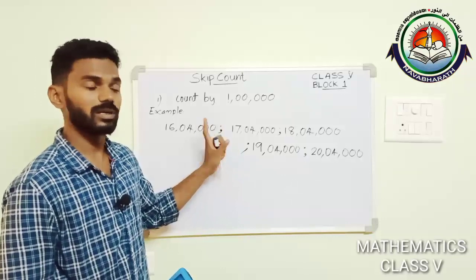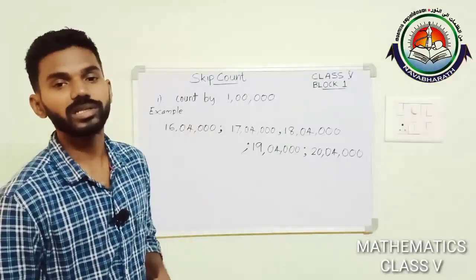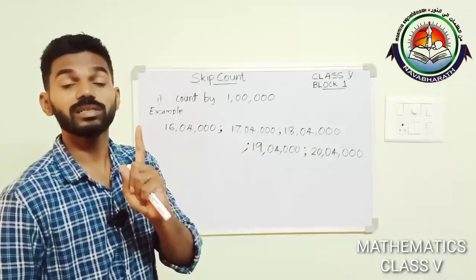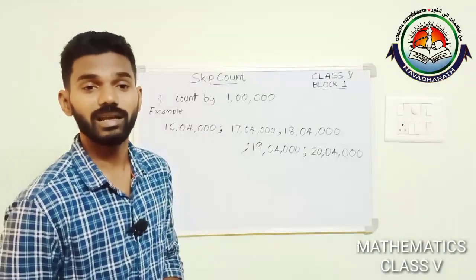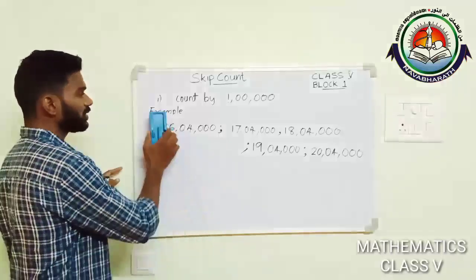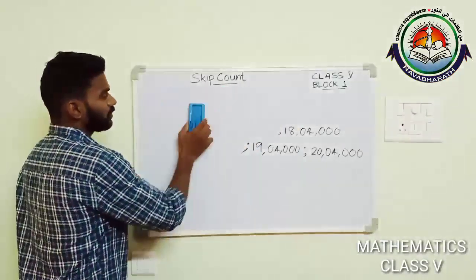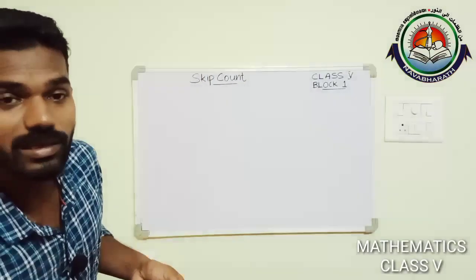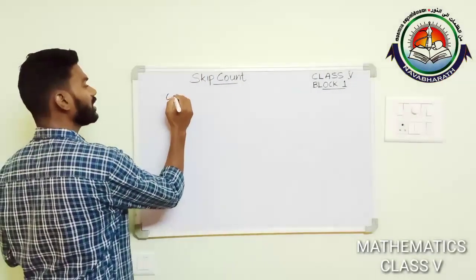Then if you are clear about it, you are going to do the next skip count, and it is skip count by 10 lakh. So let's begin with it. So we are going to do skip count by 10 lakh.